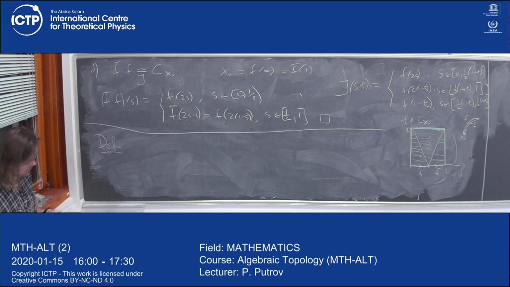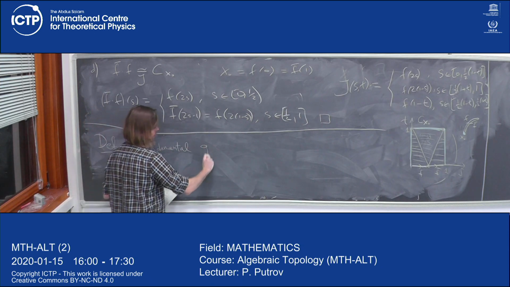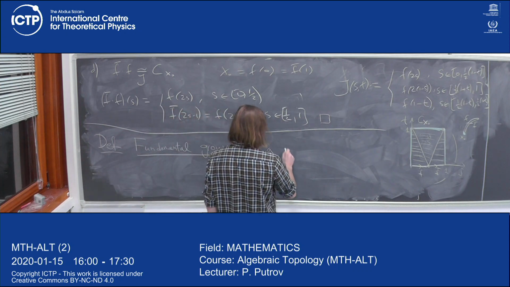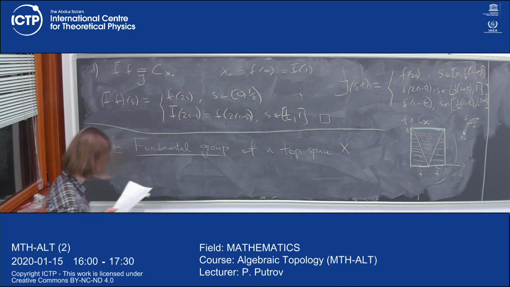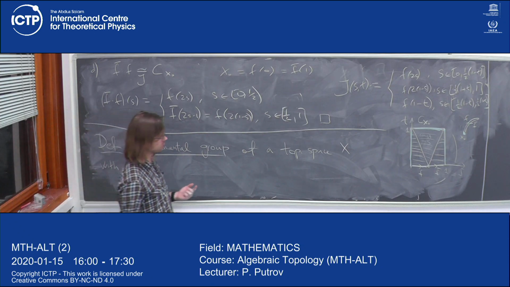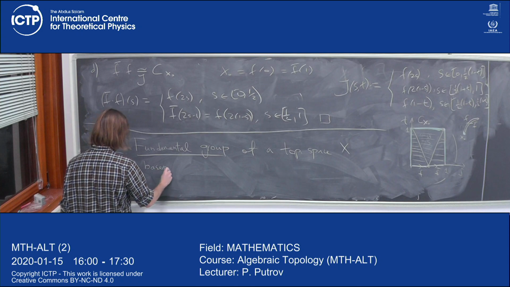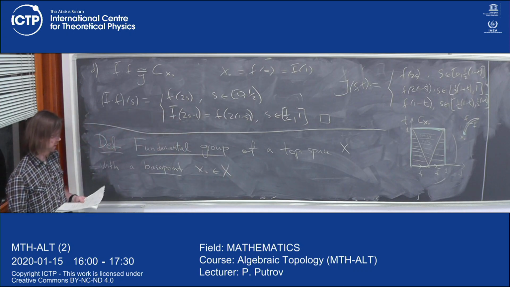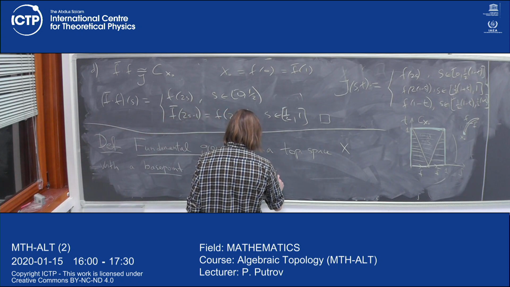So now we're finally ready to define the fundamental group. The fundamental group of a topological space X. To define it, I need to take some additional data, which is called a base point, just any point in X. It is a group which is defined as follows.